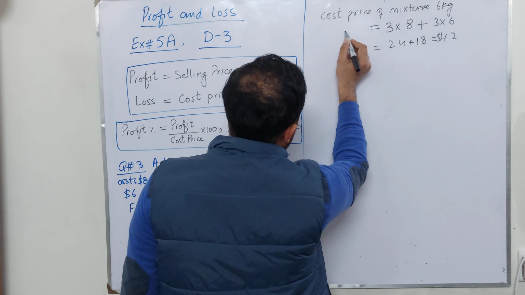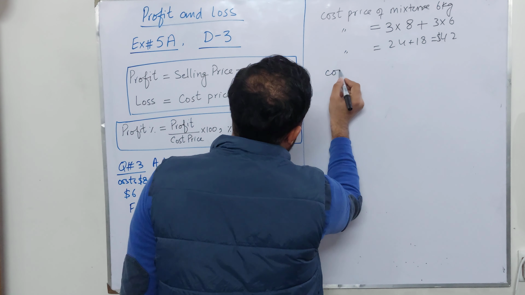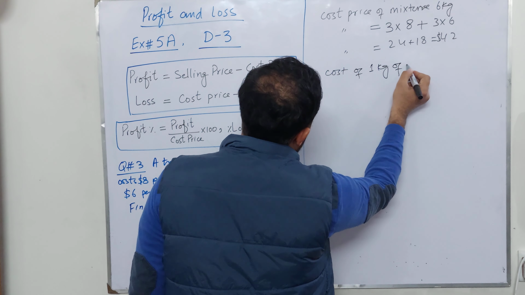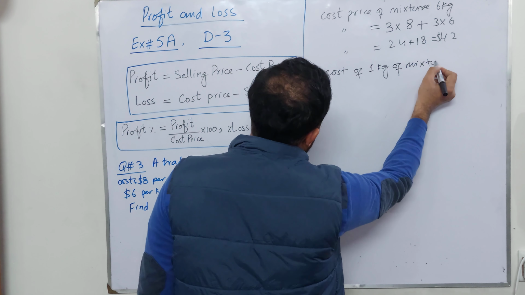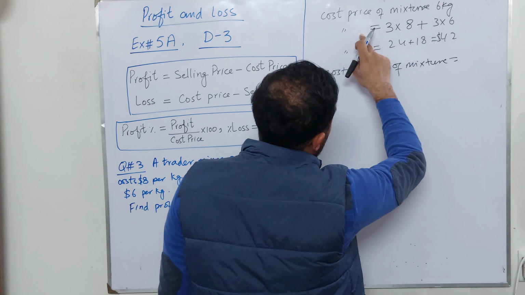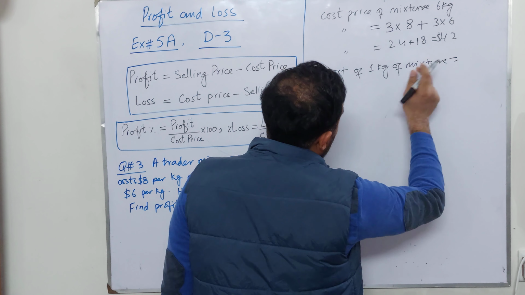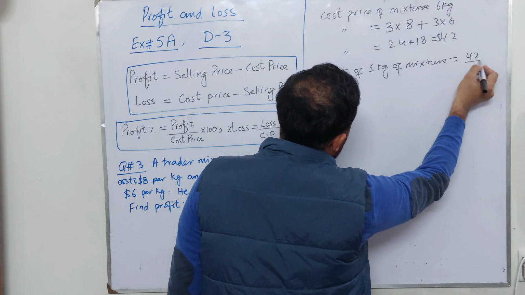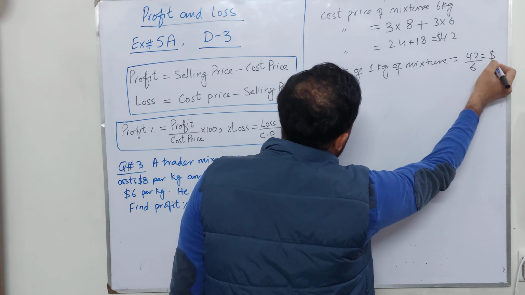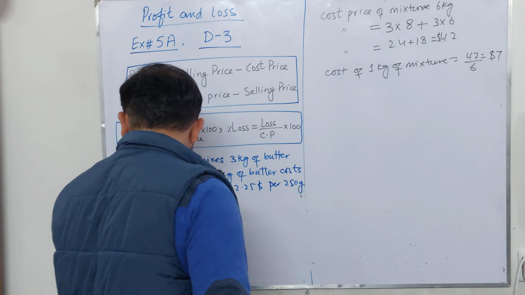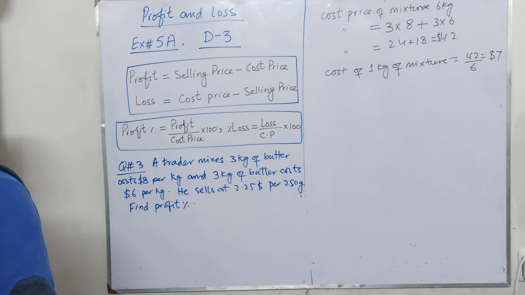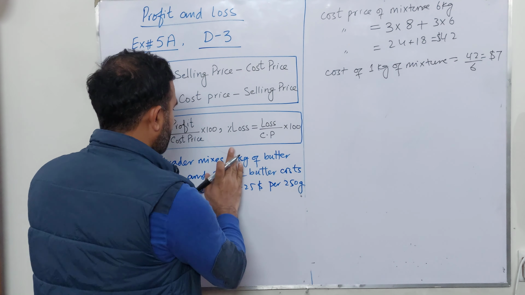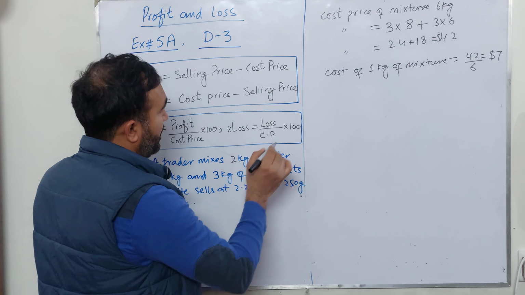So now cost of 1 kg of mixture, when 6 kg costs $42, so 1 kg will cost 42 by 6, so it will be $7, right? Okay, sorry, we made a mistake over here. It's 2 kg over here, right?